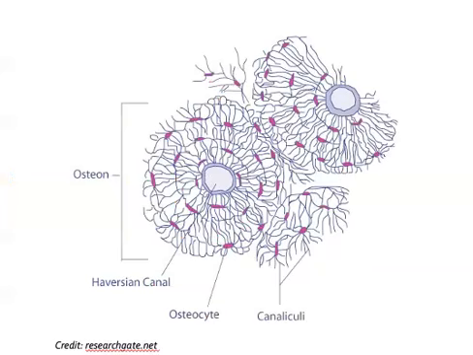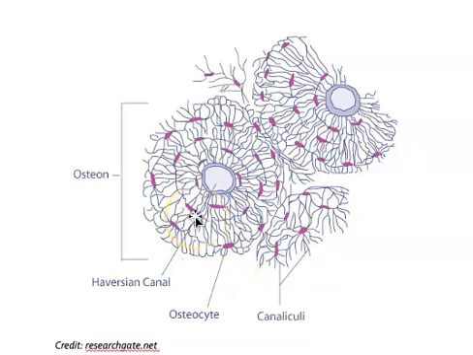So on this slide, we're looking at a drawing of one osteon right here. And again, it's in cross section. Here's a partial osteon right here. And then here's another partial osteon right here. You can see the osteocytes in pink.